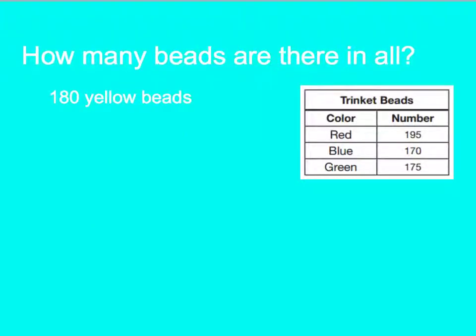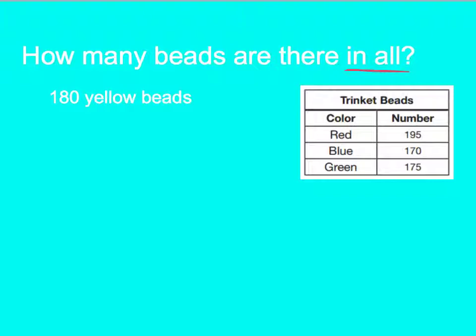So the next hidden question that we have to answer is how many beads are there total? On the right we have our chart again that tells us the red, blue, and green. And over on the left we have the answer to the problem we just solved, which is how many yellow beads there are. To find out how many they have in all, and these are the key words right here, in all means that we're going to add them together.